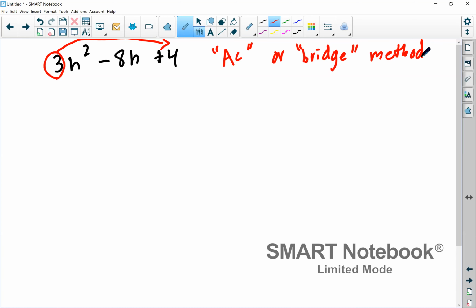Actually, let's change that back to an x: x squared minus 8x plus 4. I'll change these back to the x in case you're confused. It really doesn't matter what the variable is.